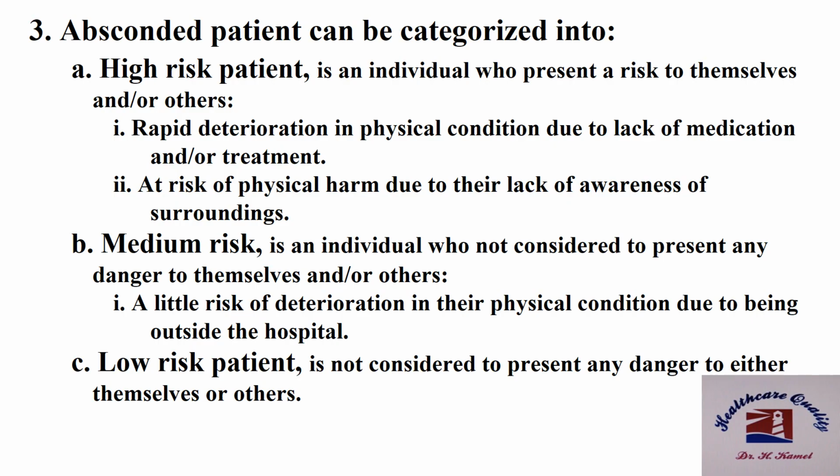Medium risk is an individual who is not considered to present any danger to themselves and or others. They have a little risk of deterioration in their physical condition due to being outside the hospital. Low-risk patient is not considered to present any danger to either themselves or others.